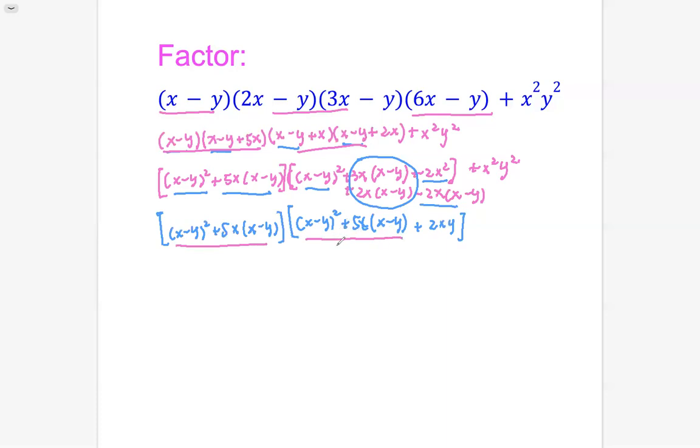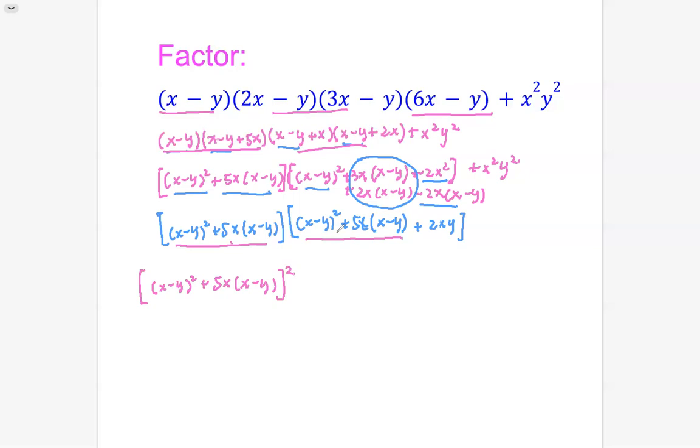Now, I can treat this as somehow one thing, right? As one thing. Then, because I have these 2xy, well, let's just write it out first. So I have this term, multiply this term, I get a square term. I get x minus y squared plus 5x times x minus y squared, right?